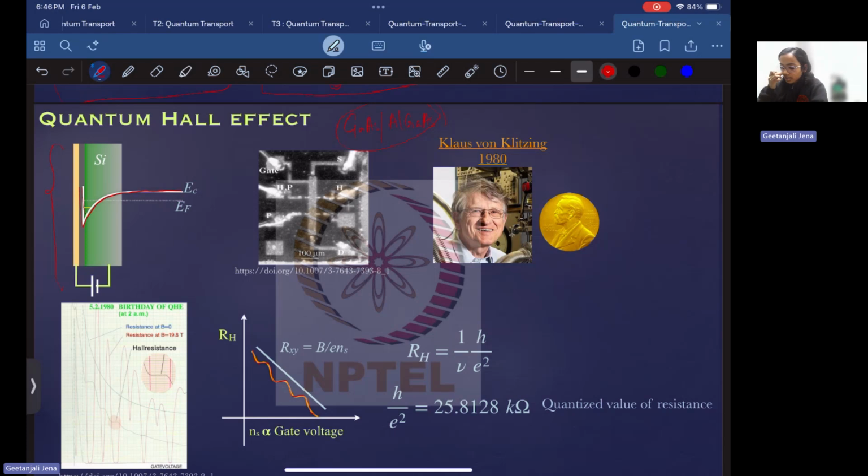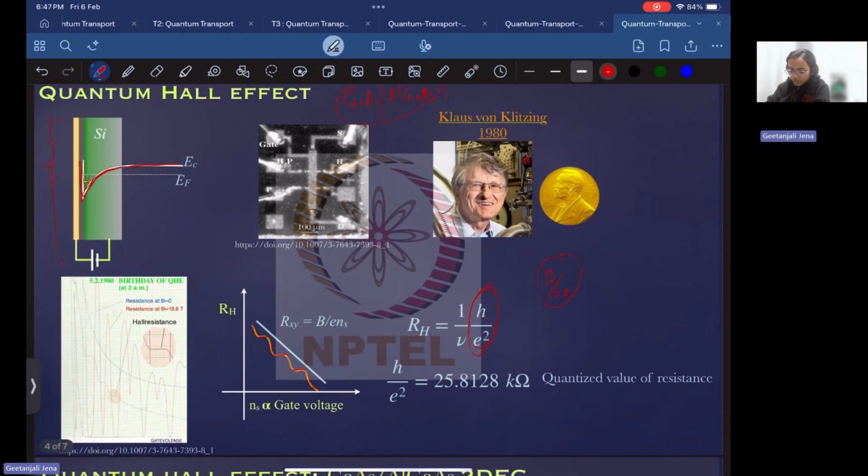And when the charge carriers occupy this, because of this bending there will be a quantum confinement of this charge carrier, and we'll see a discretized energy level for this quantum well. And this discretized energy level will discretize the Hall resistivity in terms of h by e square. So instead of B by ne, we have the Hall resistivity as an integer multiple of h by e square.